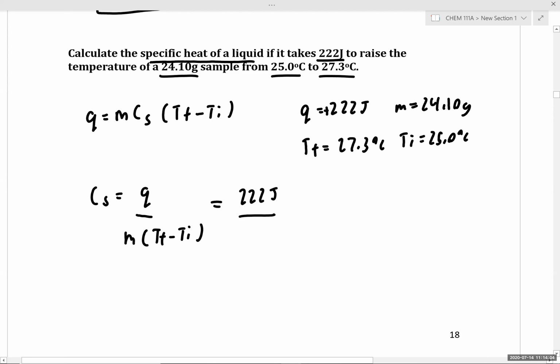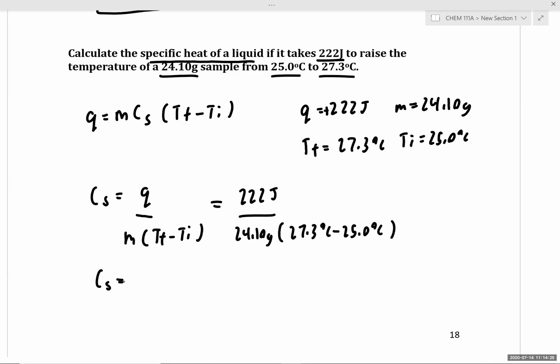222 joules over 24.10 grams times T final, which is 27.3 degrees Celsius, minus T initial, which is 25.0 degrees Celsius. So that in turn gives us a specific heat of 222 over 24.10 over 2.3.